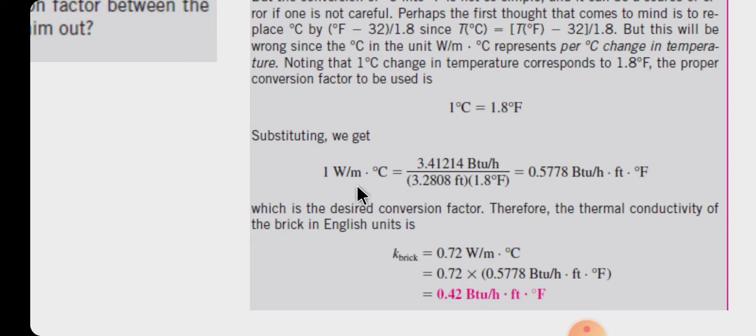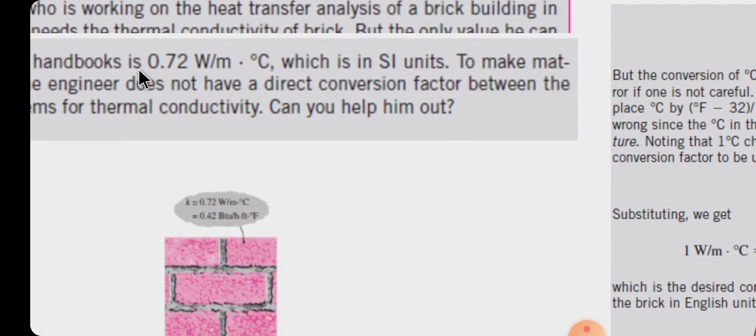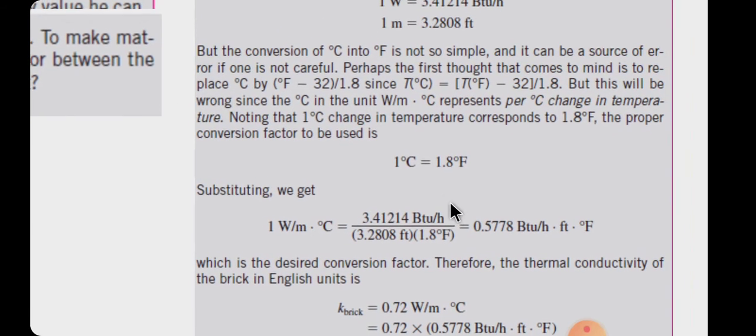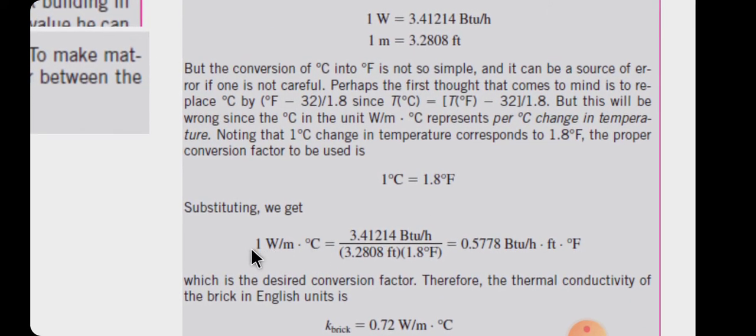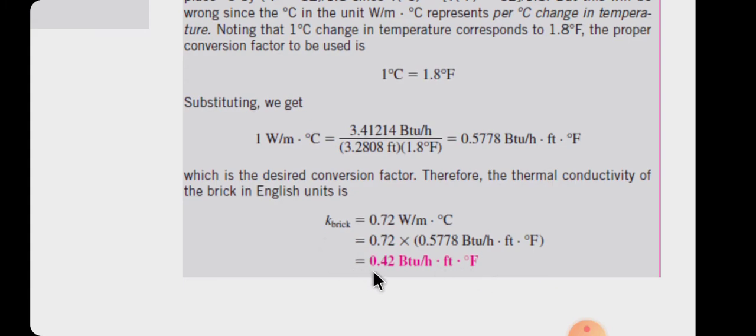But the thermal conductivity of brick is 0.72. So we just multiply this 1 watt per meter degree centigrade by 0.72. So definitely when we apply this, multiplying both sides by 0.72, we get the value of thermal conductivity of brick, that is 0.42 BTU per hour foot Fahrenheit.